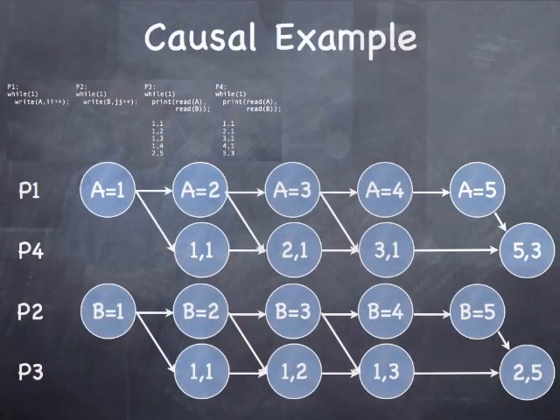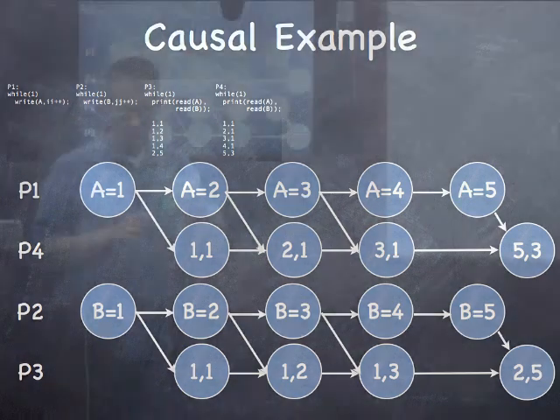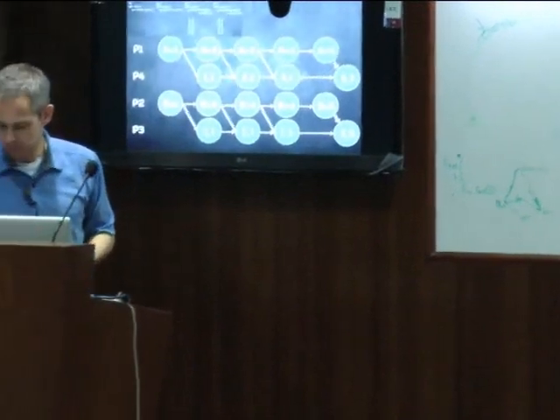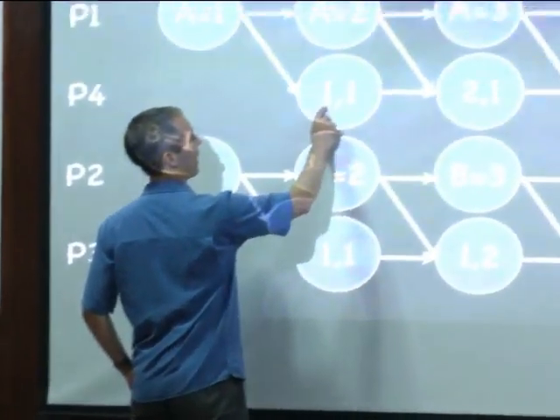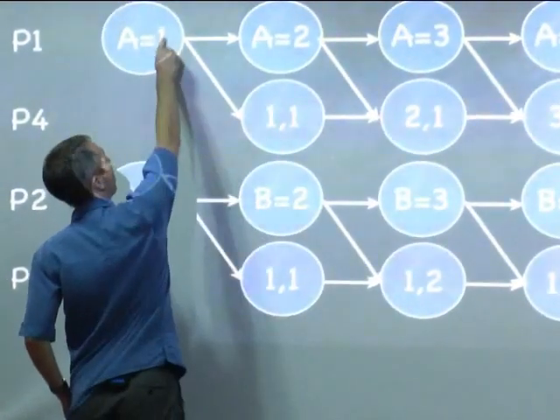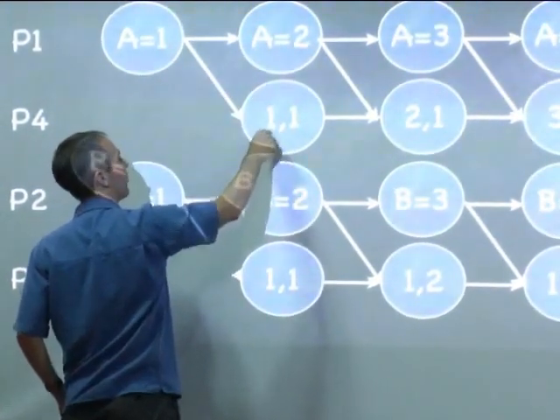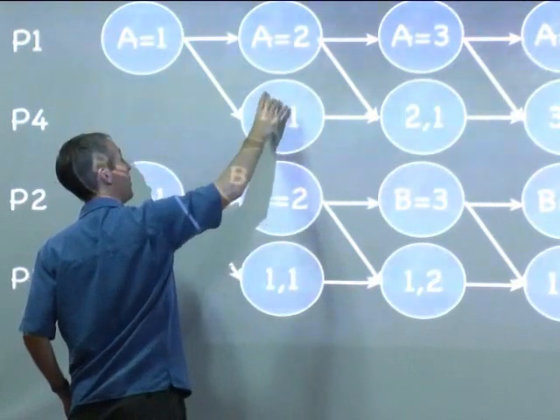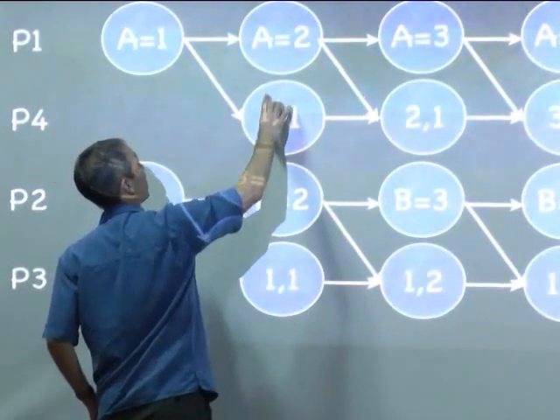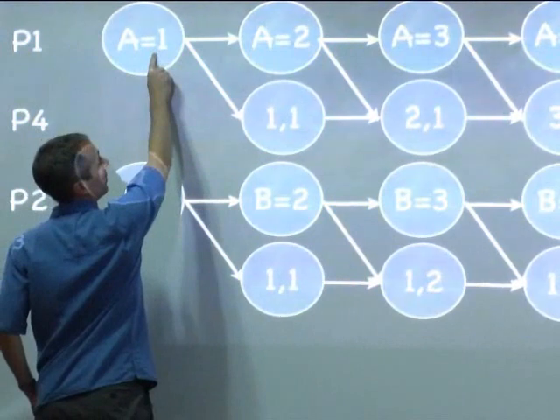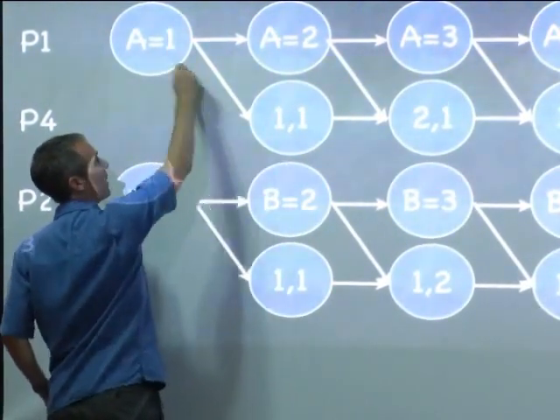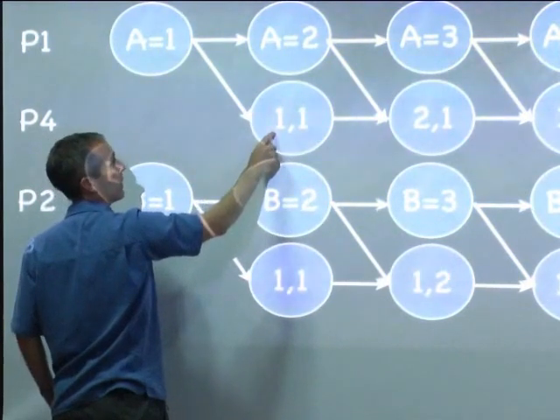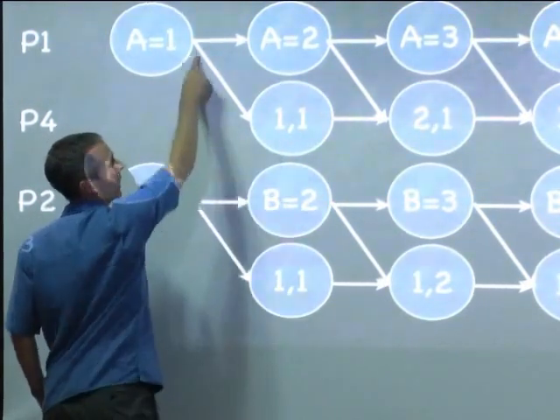And I need to create an edge so that when I do a read and I see A is 1, this A equals 1 is only a legal result if there's a path from that write to this read in which this is the latest write to A. Okay, so I add an arrow here.